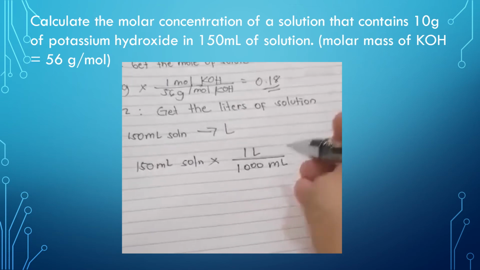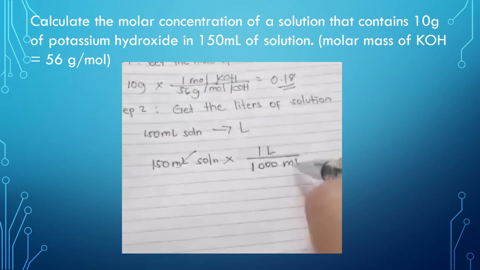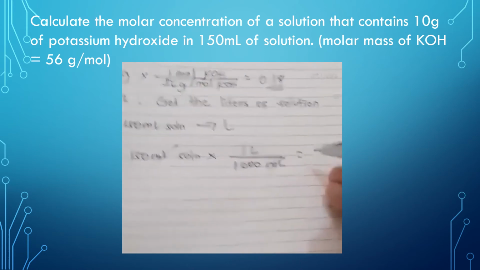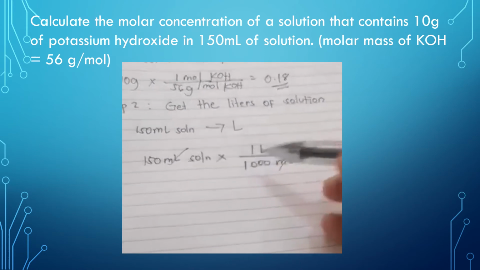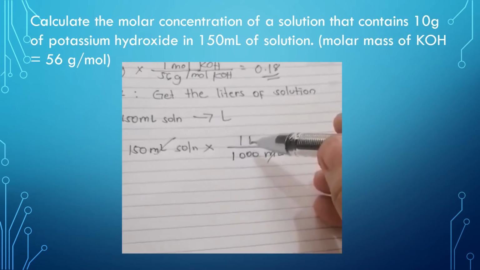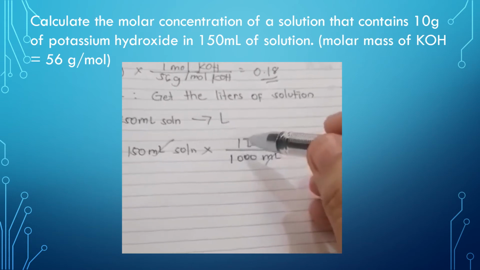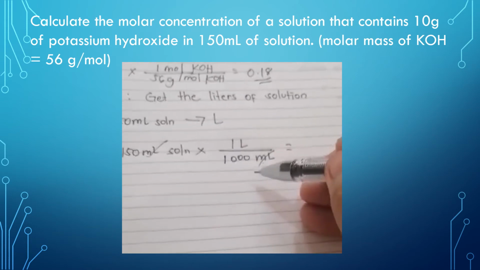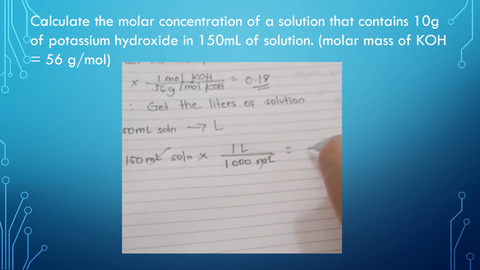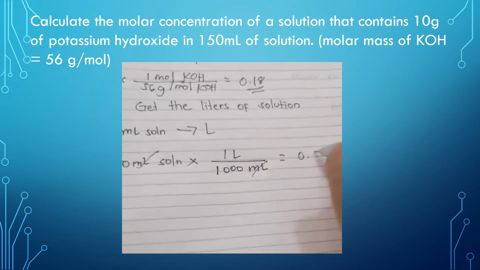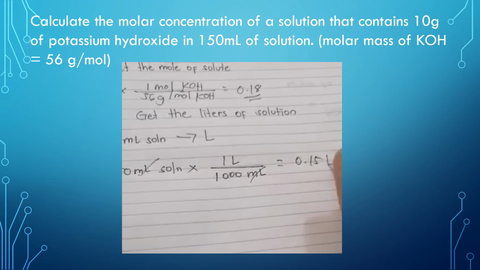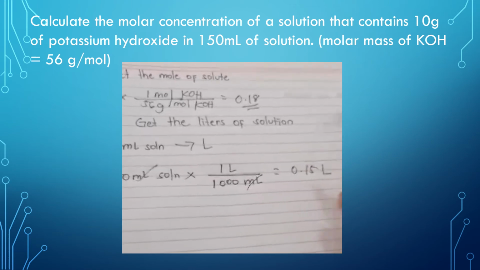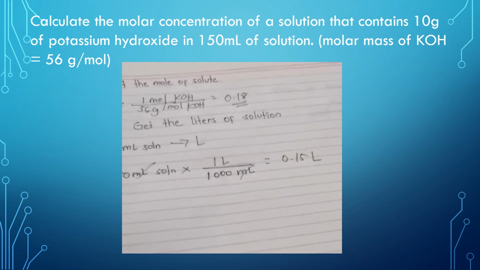So, we need to cancel the unit. So, 150 times 1 is equal to 150. Then, 150 divided by 1,000 is equal to 0.15 liters of solution. So, that is step 2.